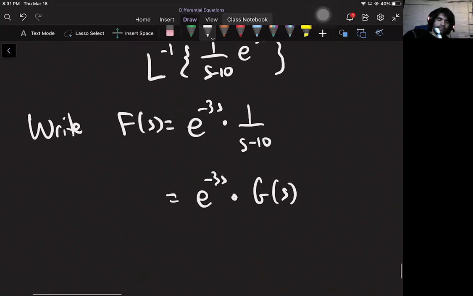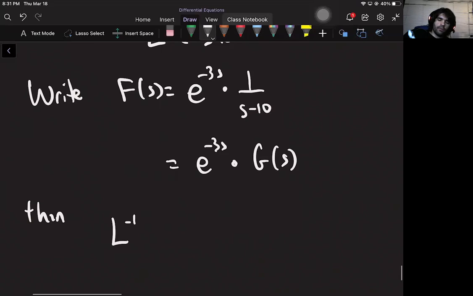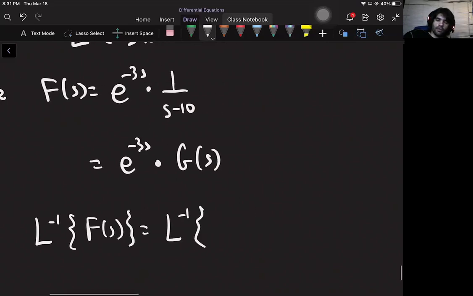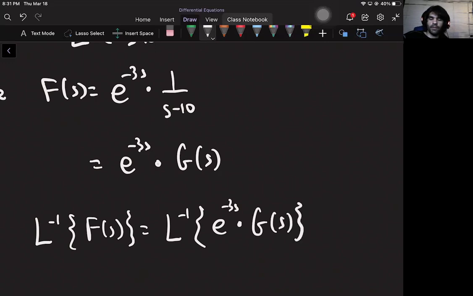So then the inverse Laplace transform that I'm looking for is really the inverse Laplace transform of this e thing that's going to correspond to a step function times the rest of the stuff.